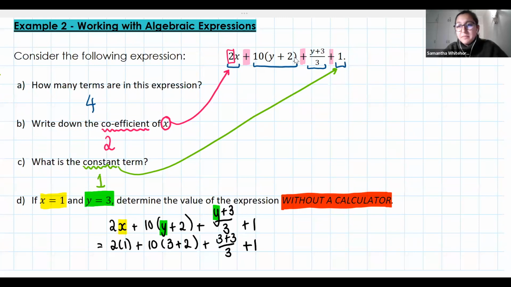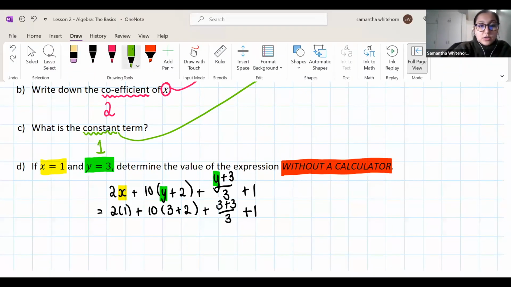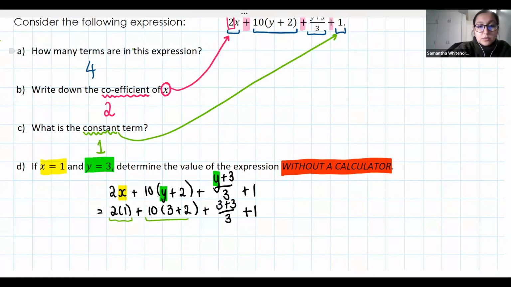Getting there. Okay. I'm going to write out the working out. And remember, you will have to show your working out because I've said no calculator. So guys, remember, we know which terms we have. Our terms are term 1, term 2, term 3, term 4.